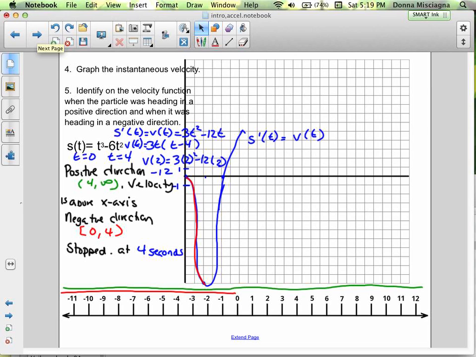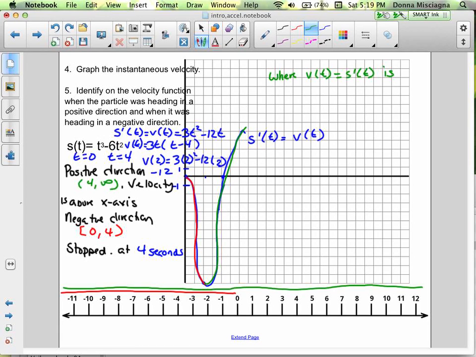All right? Oh, and let me put in here. So here we were moving in the positive direction. All right, so I'll put it up here. So where v of t, which equals s prime of t, is above the x-axis, the velocity is positive.